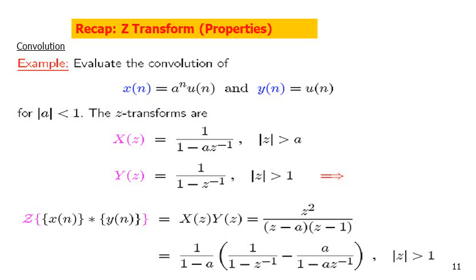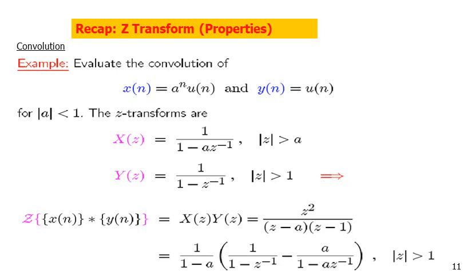The product of the two z transforms is z squared over (z minus a) times (z minus 1), which is obtained only by rewriting X of z and Y of z in terms of z instead of z inverse. And then we can do some partial fractions, which we will do later on while finding the inverse z transforms of different sequences.